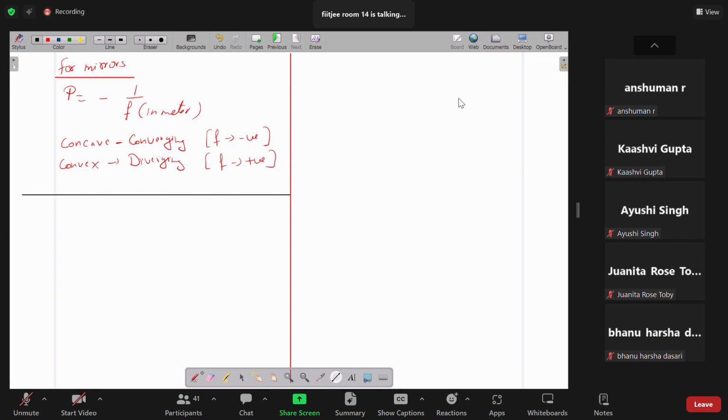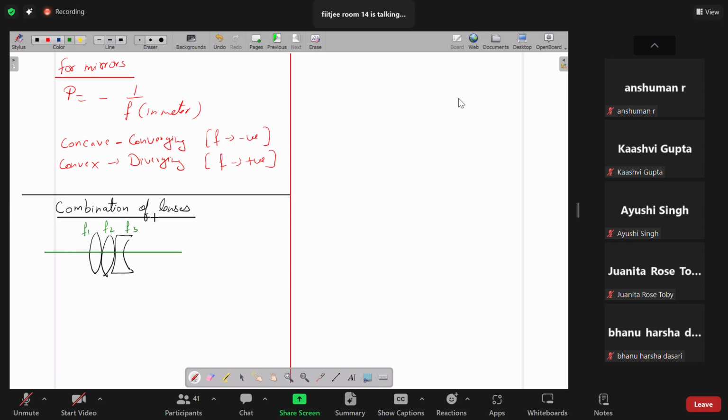Now write down combination of lenses. So if we have more than one lenses held side by side without any gap, say first is having focal length f1, second is having focal length f2, third is f3.